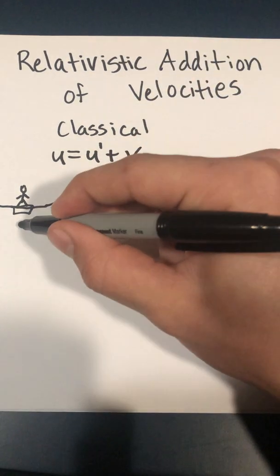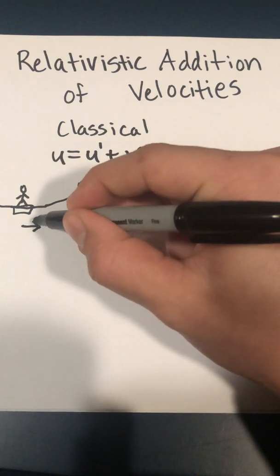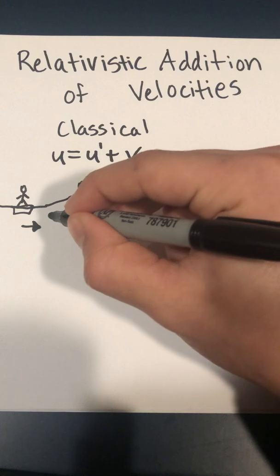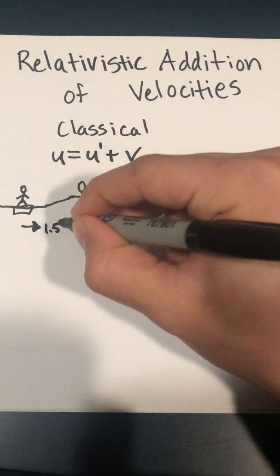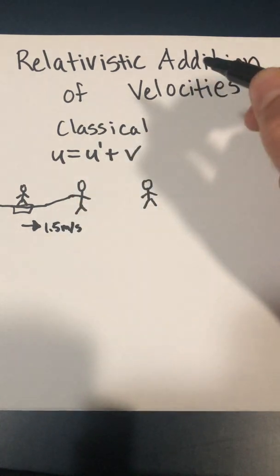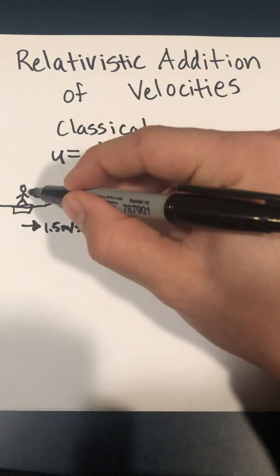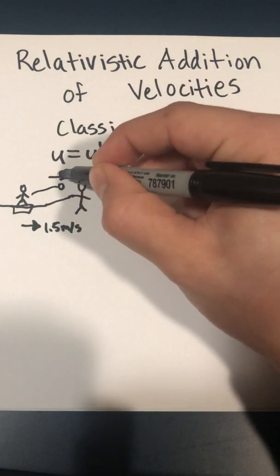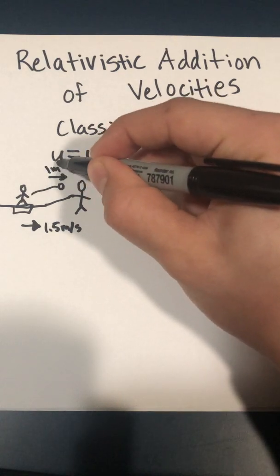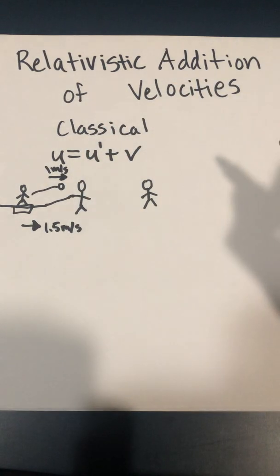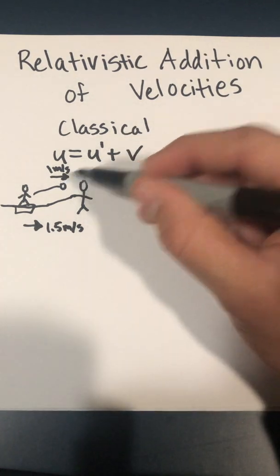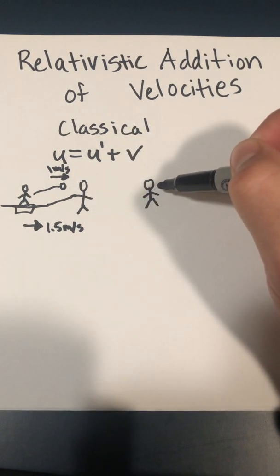We'll imagine that this dad is pulling the sled at a speed of 1.5 meters per second. And let's say this kid throws a snowball in this direction at 1 meter per second. So the question is, at what speed does this snowball approach our observer?